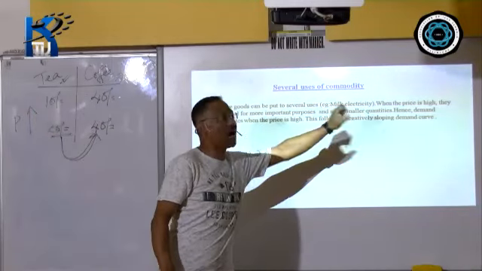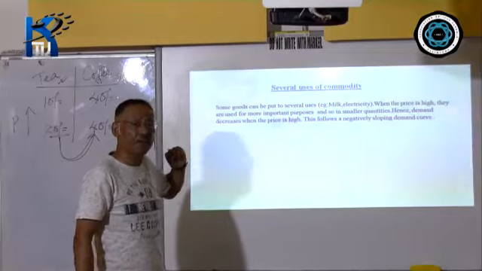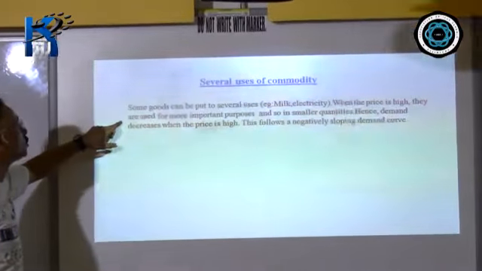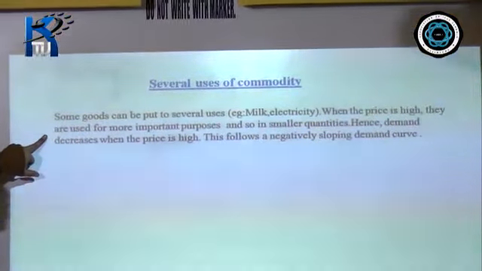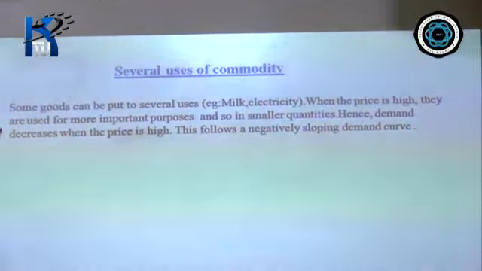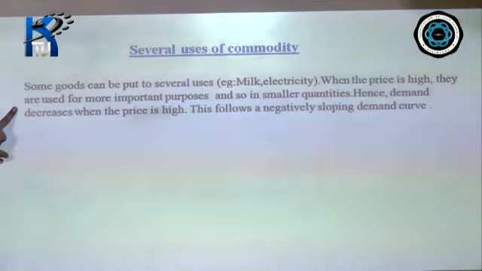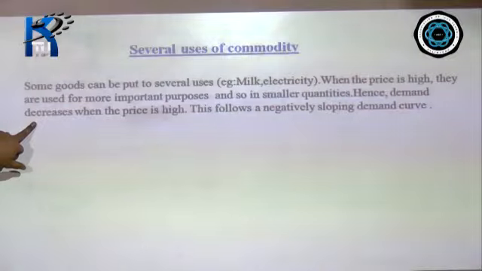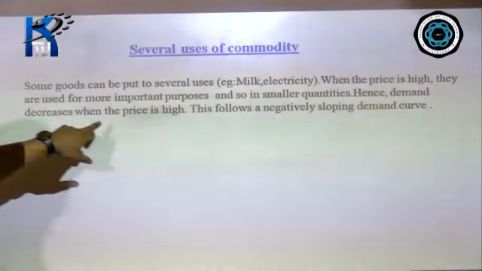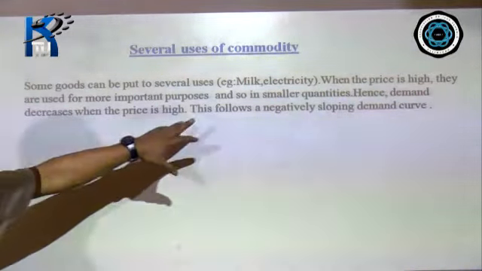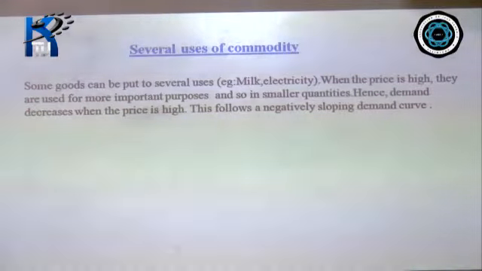When the price of electricity is high, it is used for important purposes. You will use it for only lighting purpose. You don't want to switch on the geyser continuously. You will switch it off. You use less. Hence, demand decreases. You will use less when the price is high. This follows the negative sloping demand curve.